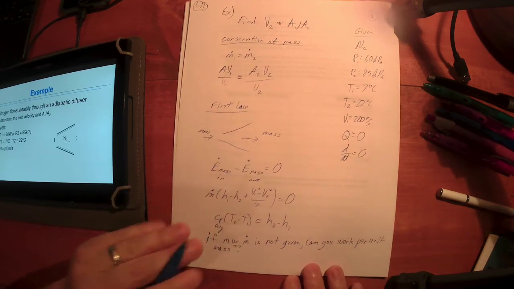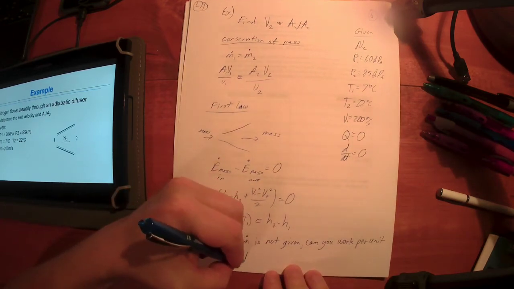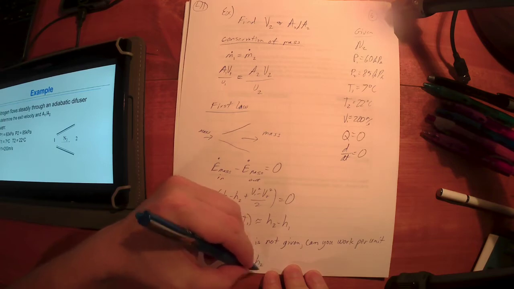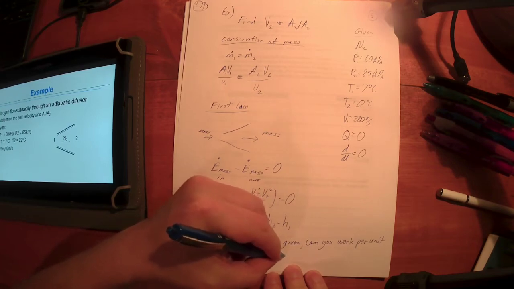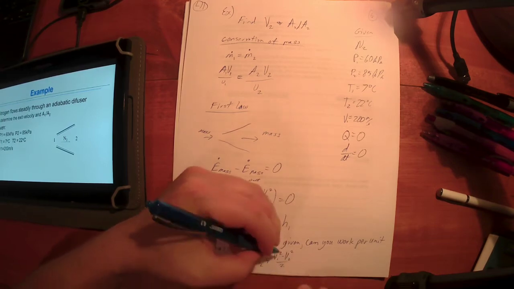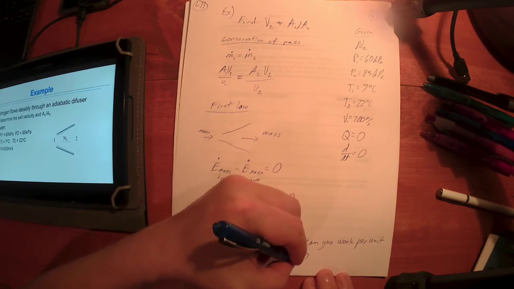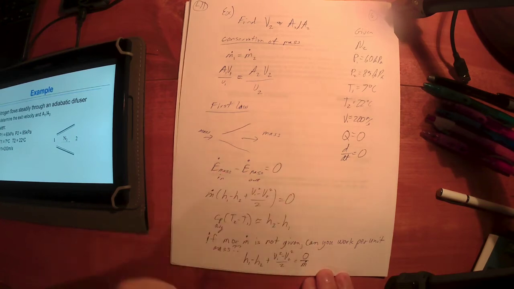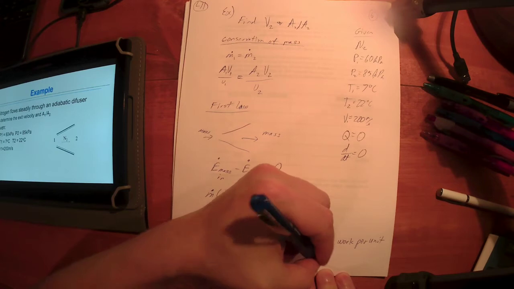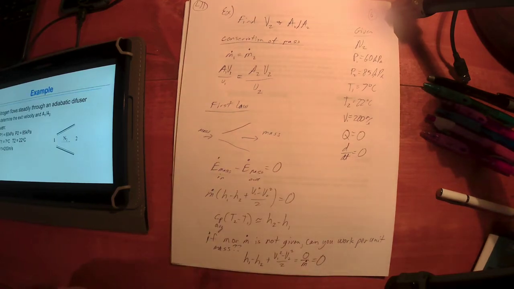Now in this case, notice what happens when I divide by m dot. We've got h1 minus h2 plus v1 squared minus v2 squared, both over 2, is equal to 0 divided by m dot. Now what is 0 divided by m dot? Well, assuming m dot is non-zero, and I think that's a fair assumption, 0 divided by anything is still 0.